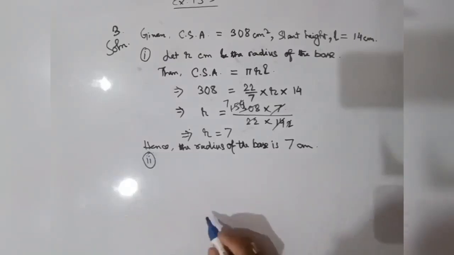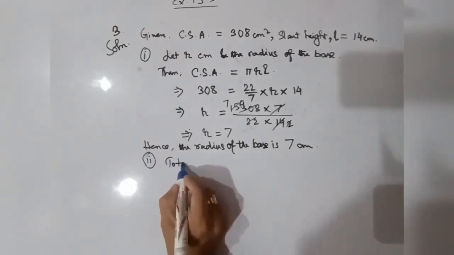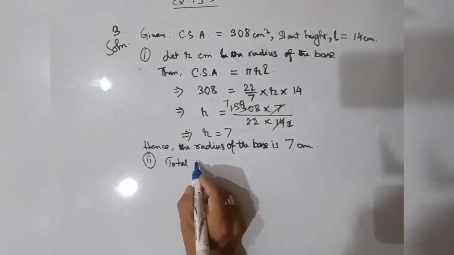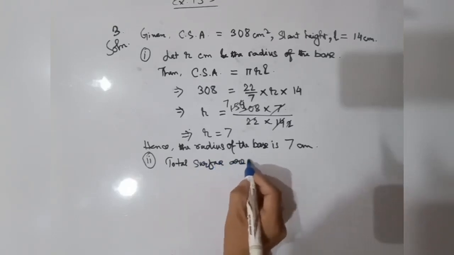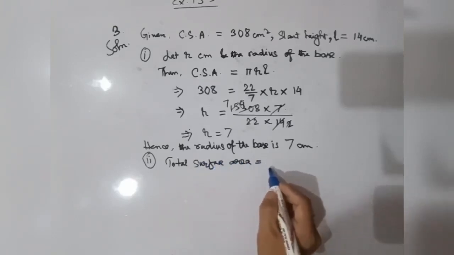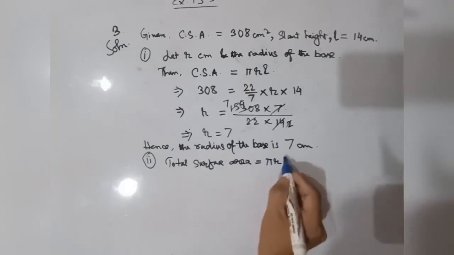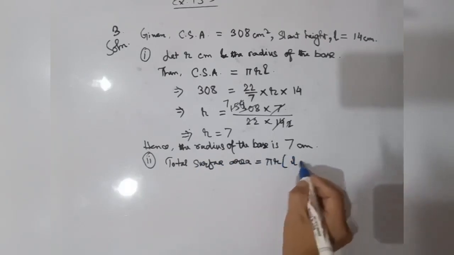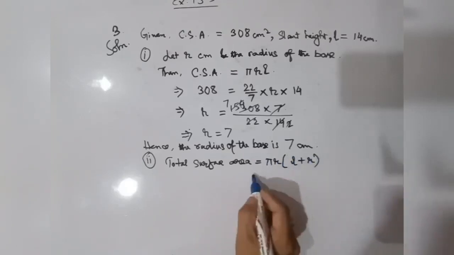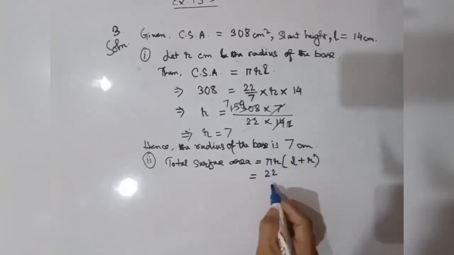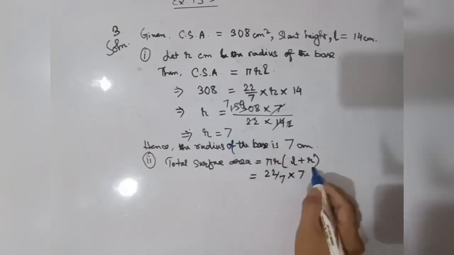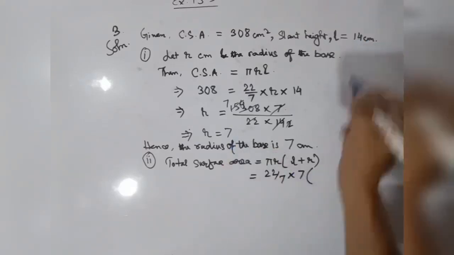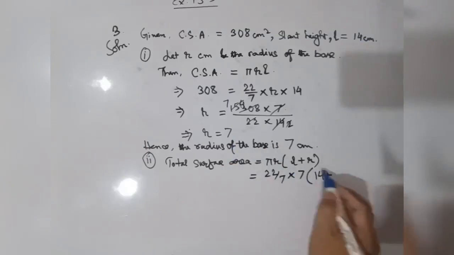Now for the second part, we are to find the total surface area of the cone. So the total surface area of the cone is given by the formula pi r within bracket L plus R, which is equal to, the value of pi is 22/7, the value of R is 7, and the value of L 14 plus R is 7.